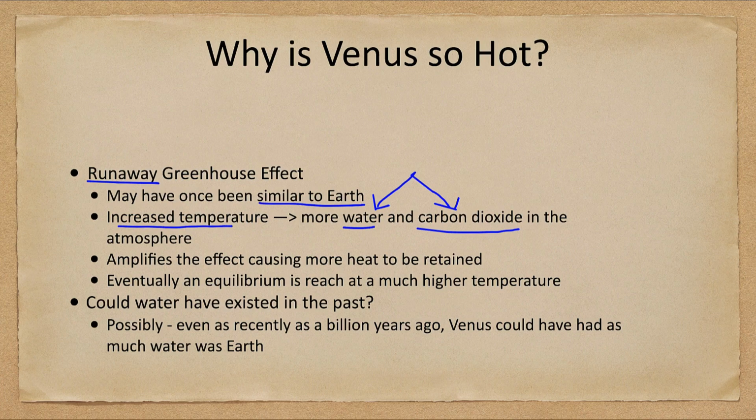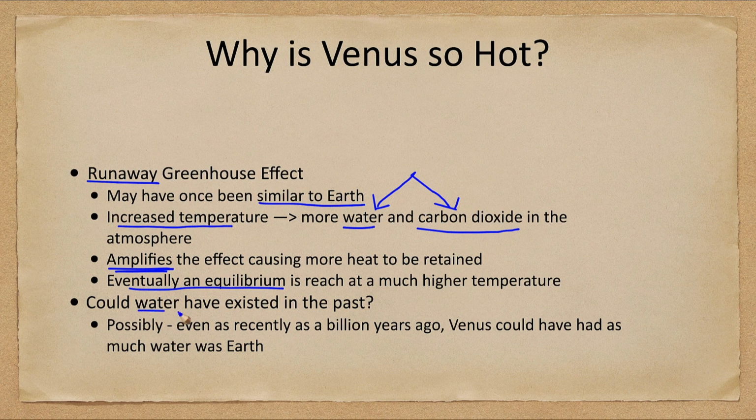If you lose the oceans, there's less water to get the carbon dioxide out of the atmosphere, and you're continuing to put more and more greenhouse gases into the atmosphere. It amplifies this, and more heat is retained until eventually an equilibrium is reached. So Venus does not continue to get hotter and hotter. It's reached a kind of balance where enough heat can escape to balance that which makes it through the clouds.